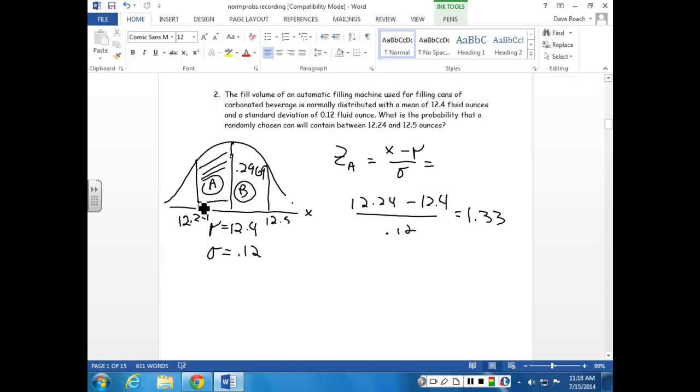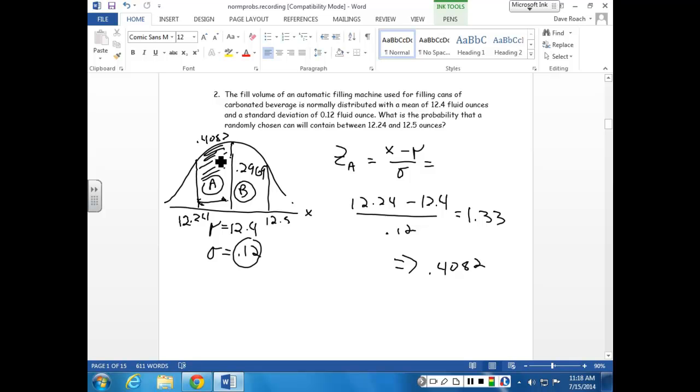Just get this distance, divide by standard deviation to get the number of standard deviations from the mean. 1.33 goes with 0.4082. And so that's this area on this part of the curve.